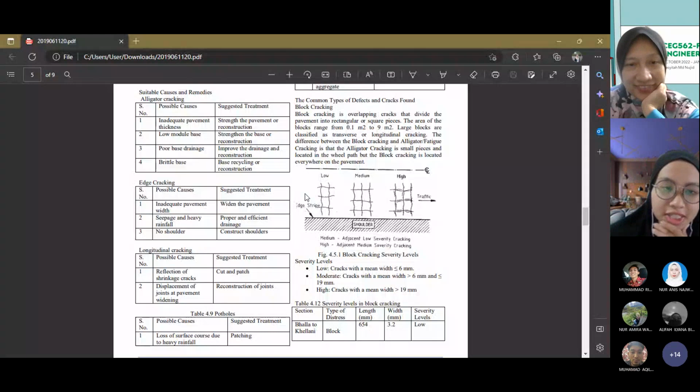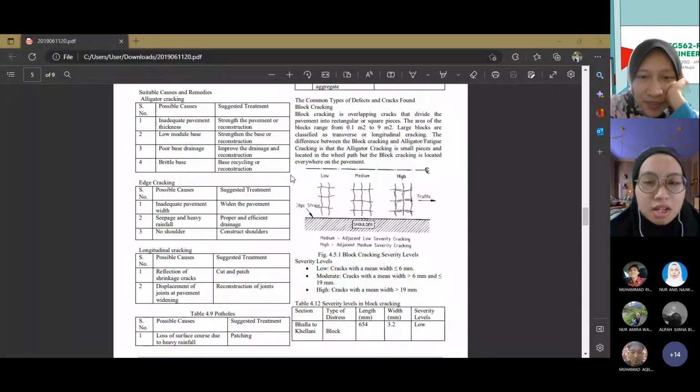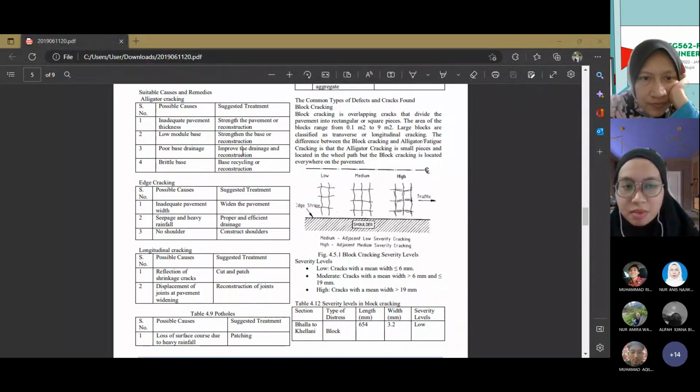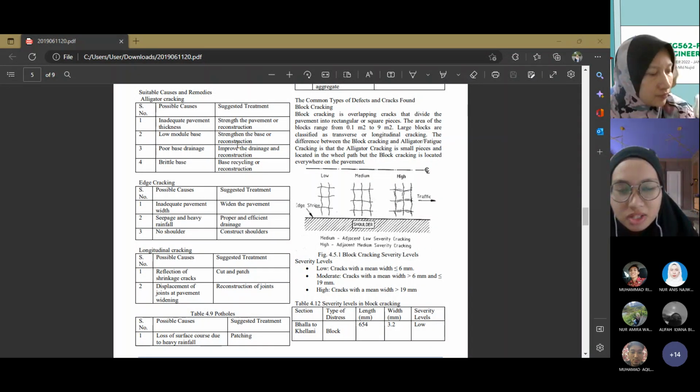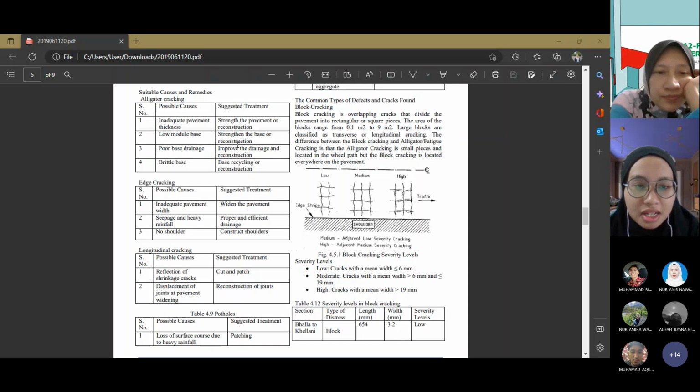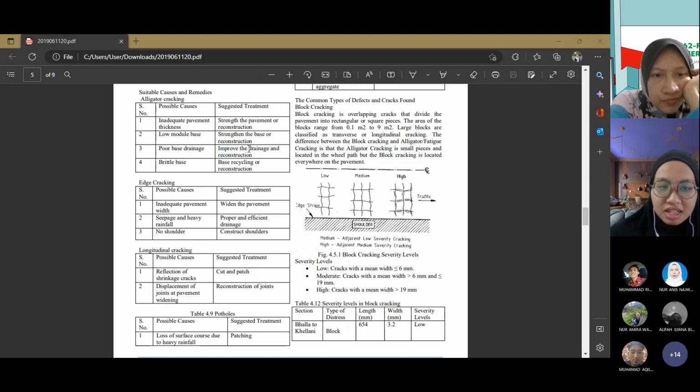Okay, for the causes of the failures, we will investigate first what is the type of the failure. So in this case study, we have gone through the possible causes for the alligator cracking.